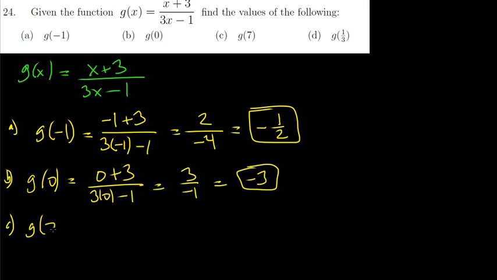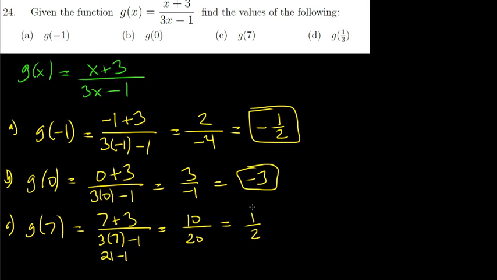For part C, g of 7, well, 7 plus 3 over 3 times 7 minus 1. 7 plus 3 is 10. 7 times 3 is 21, and 21 minus 1 is 20. So 10 over 20 is 1/2, right? Positive 1/2.